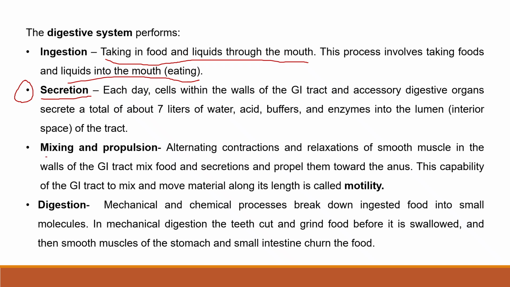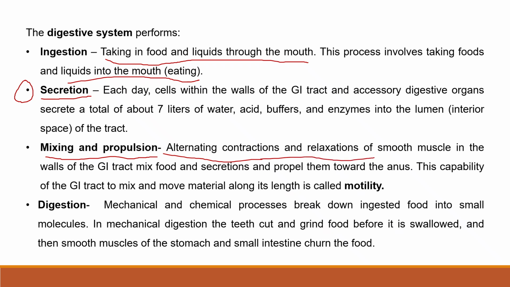The third one is mixing and propulsion. Once the food enters your stomach, it mixes with the juices and enzymes, and propulsion means the movement of food. Alternating contraction and relaxation of the smooth muscle in the walls of the gastrointestinal tract mix food and secretions and propel them towards the anus. This capability of the GI tract to mix and move materials along its length is called motility.